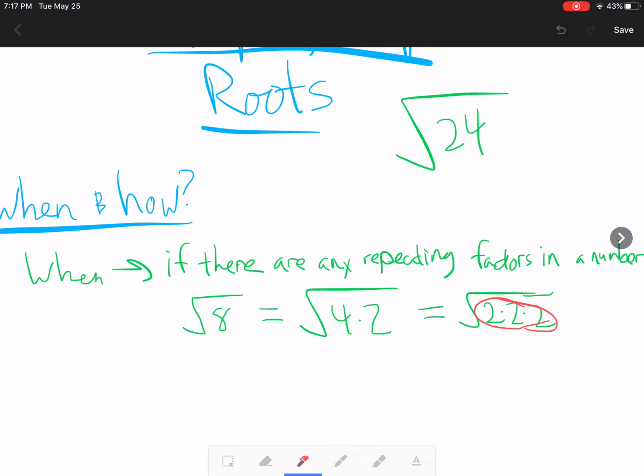Now, one way I like to think of this is that we have 2 in to get 1 out. So we take a look at this. I have 2 2's. I can take 2 of them out and it's going to become a single 2. And so this gets us to the how.